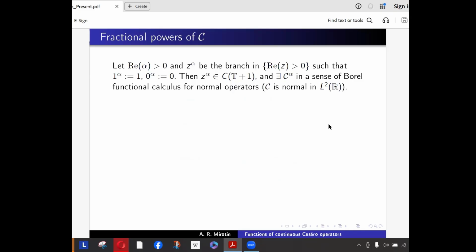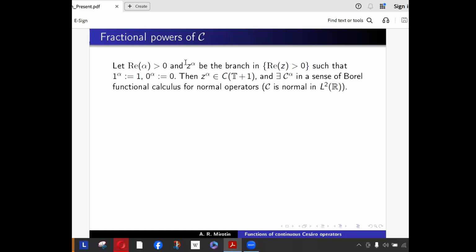Now, let's consider the fractional powers of the operator C. Since C is a normal operator in the space L2 of R, one can apply the so-called Borel functional calculus for normal operators. Let alpha be a complex number with positive real part.